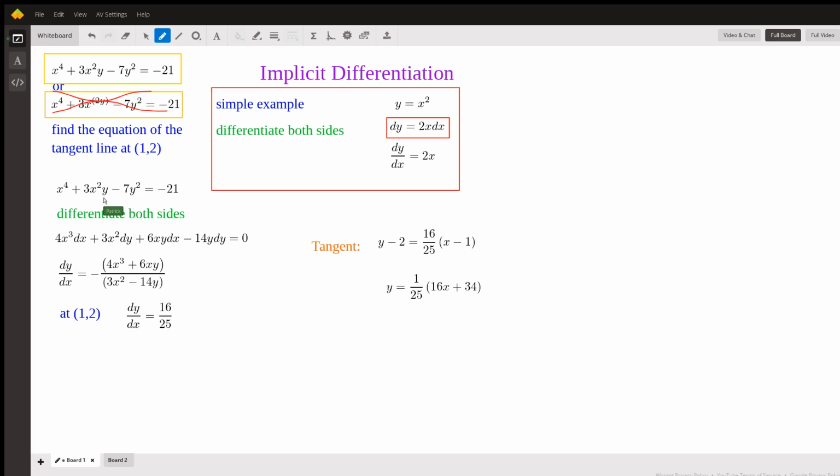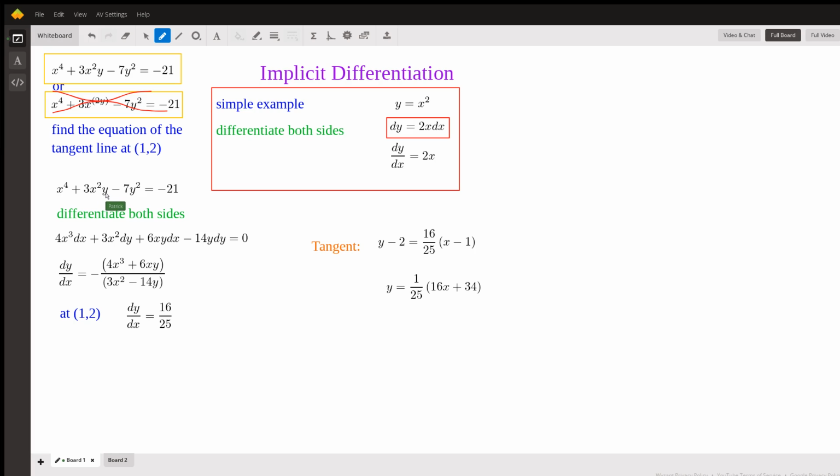First, we're going to differentiate in terms of y. Basically we have what could be thought of as a constant in front of the y, so it's that times the derivative of y, which is dy. So we have this 3x squared dy. Now we have to differentiate this in terms of x.